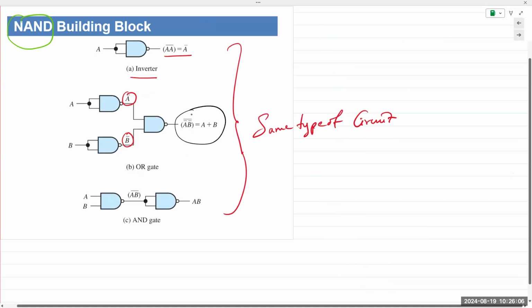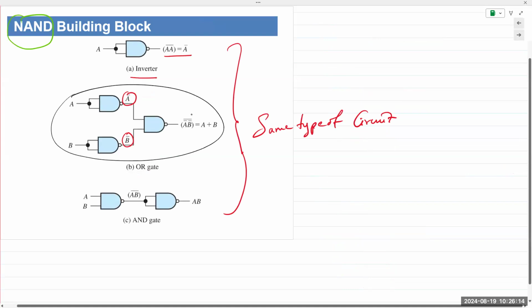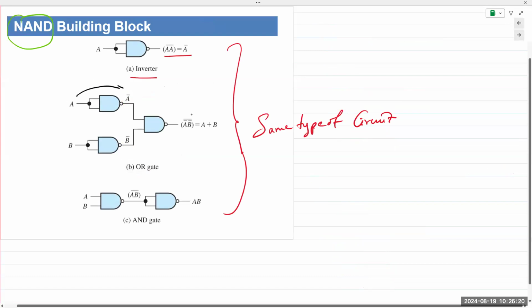Right? If you wish to do an OR operation, we can use De Morgan's laws to first invert that input, right? Invert that input. And then we sum it up.